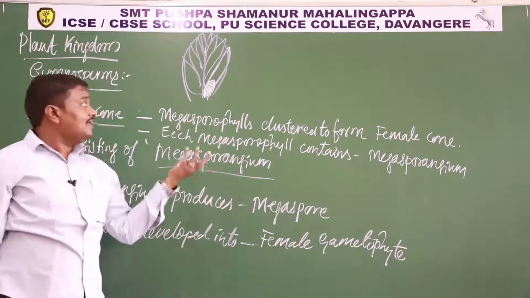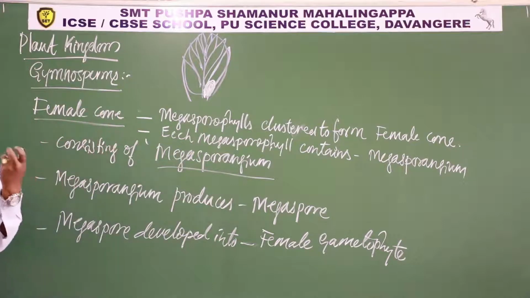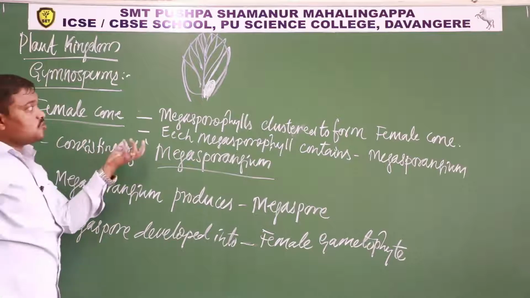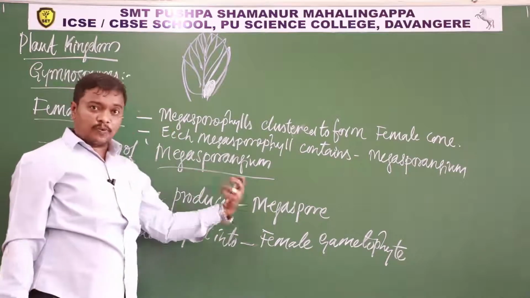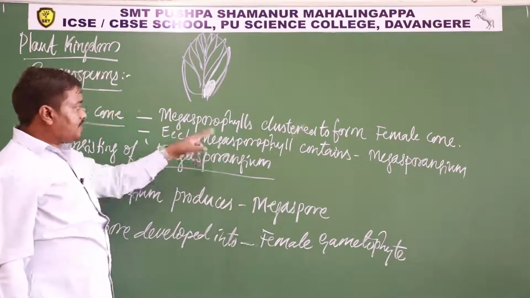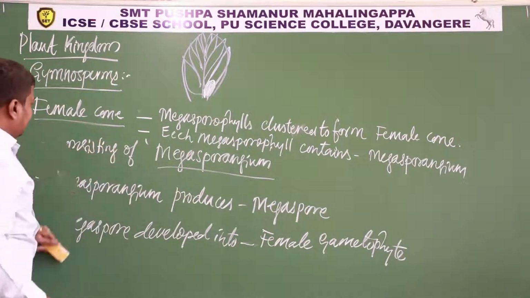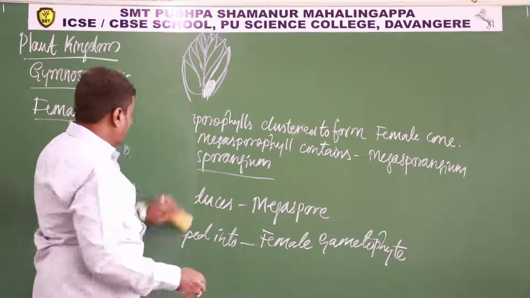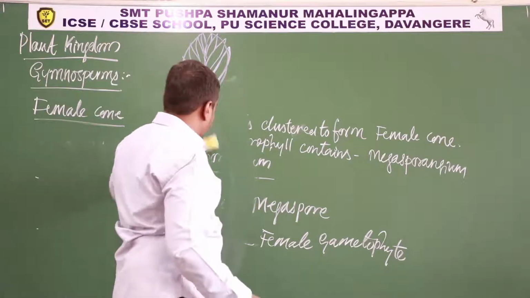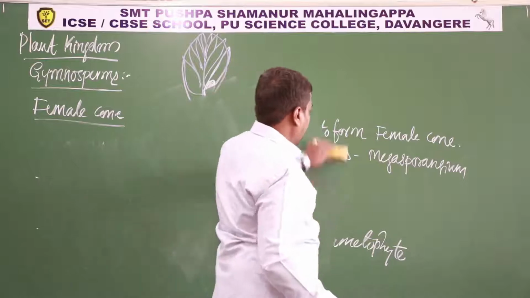Similarly, the microsporophyll, phylla meaning leaf, consists of microsporangium, and here the megasporophyll consists of megasporangium. Let me draw the longitudinal section of the megasporophyll, taking the example of Pinus.